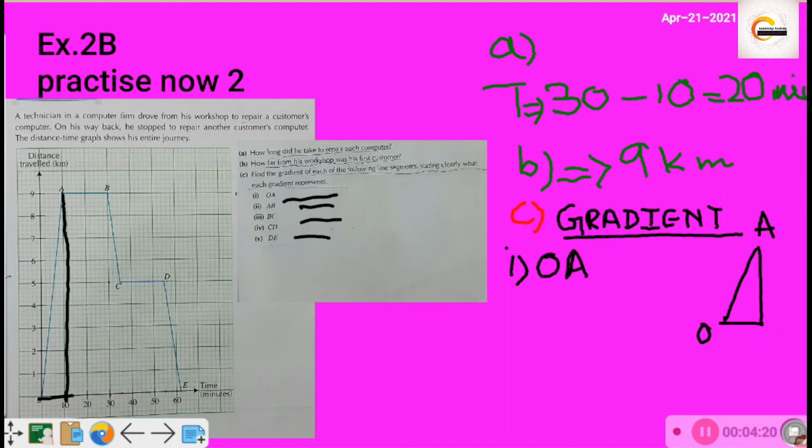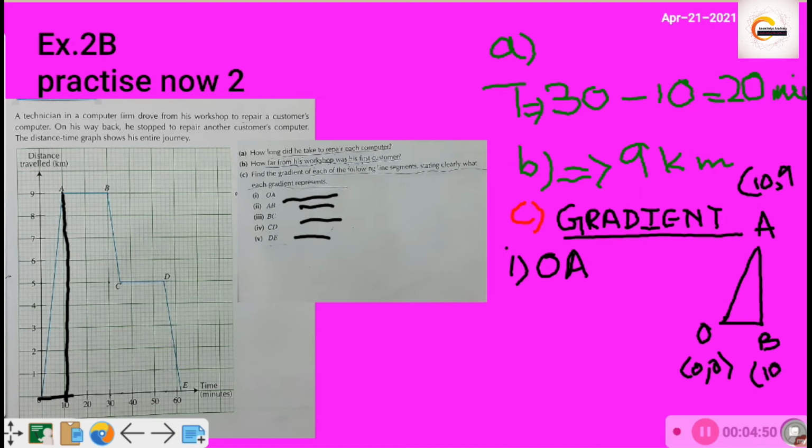First we will calculate the gradient of line segment OA. For OA, we have to drop a right angle triangle. So from A we will drop a right angle triangle at point 10, and that point will be our point B. I have written it roughly separately so that we can understand the coordinates of all the points.